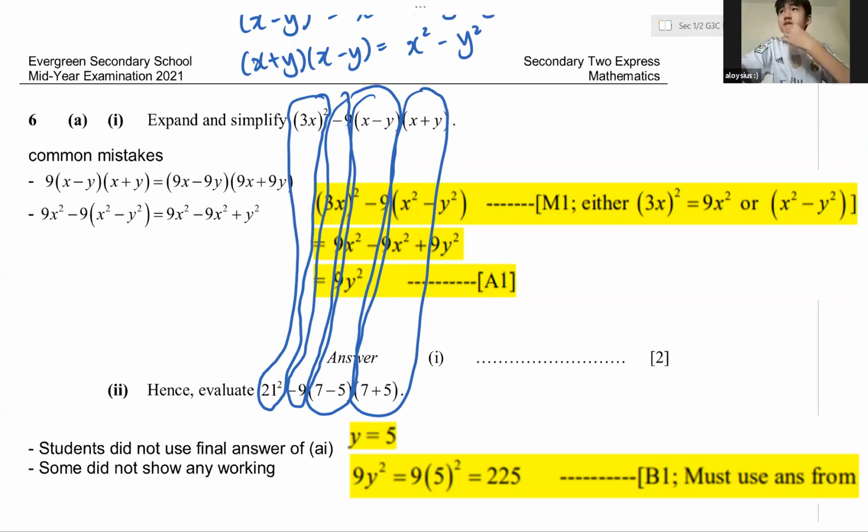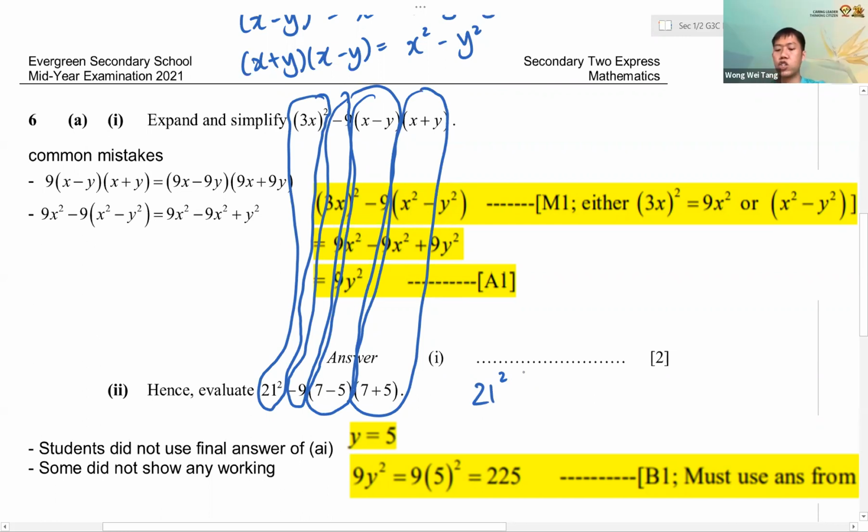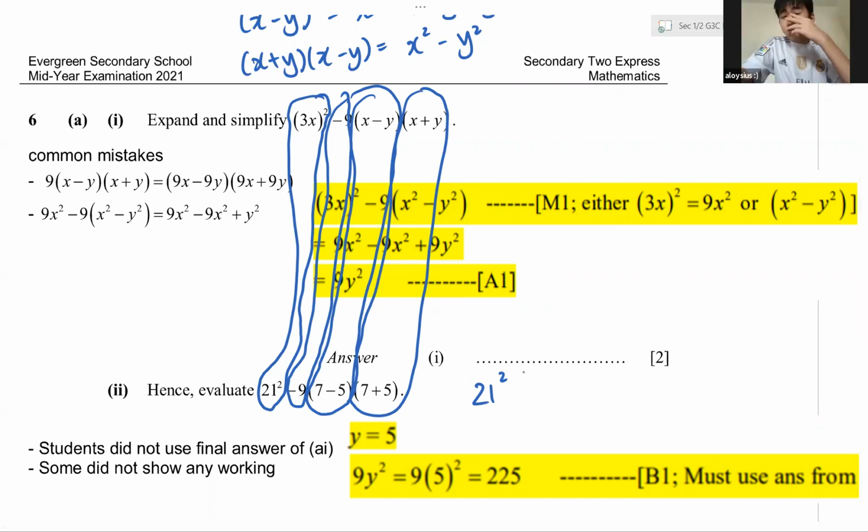I think can divide by 3. No. Tell me what is the relationship between 21 squared and 3x squared. So it's like both is square.